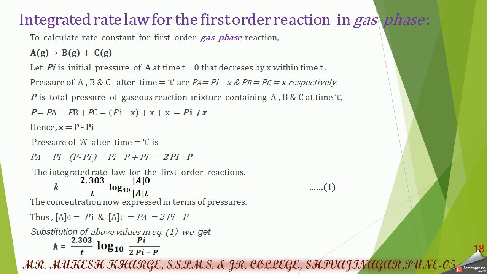At, the concentration of A at time t, is replaced by Pa, the pressure of A at time t, which is equal to 2Pi minus P. If you substitute these values in equation 1, we get k is equal to 2.303 upon t log to the base 10 of Pi upon 2Pi minus P, which is the integrated rate law for first order reaction in the gaseous phase.